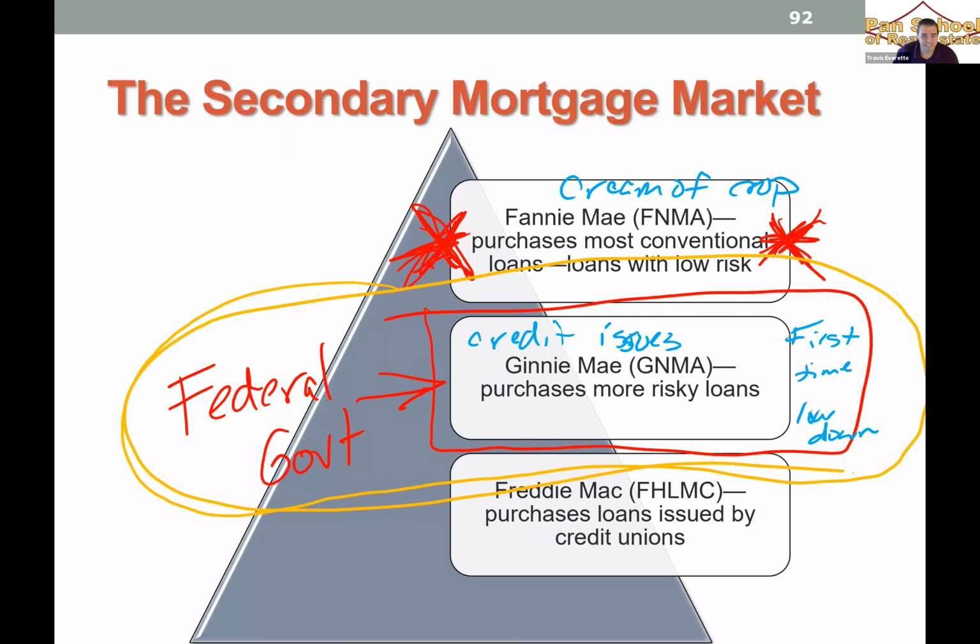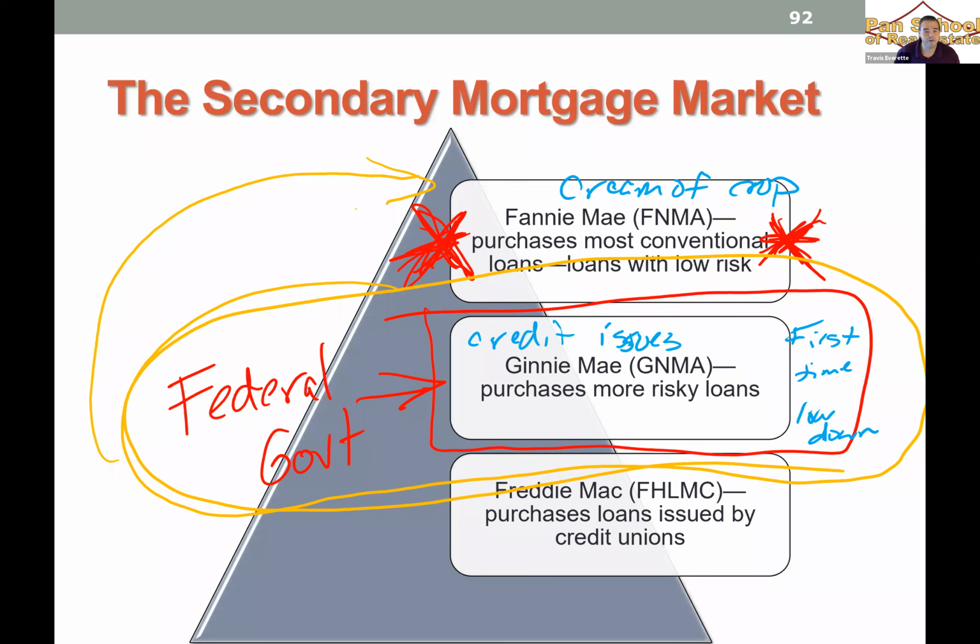I can't imagine who would be bigger than the United States Treasury, who would be able to buy that many loans. Guess who's big enough? The very people who turned their nose up at it the first time. And that happens every month? Every month. And here's why. Here's why Fannie Mae will buy them from Ginnie Mae, but not directly from the bank.